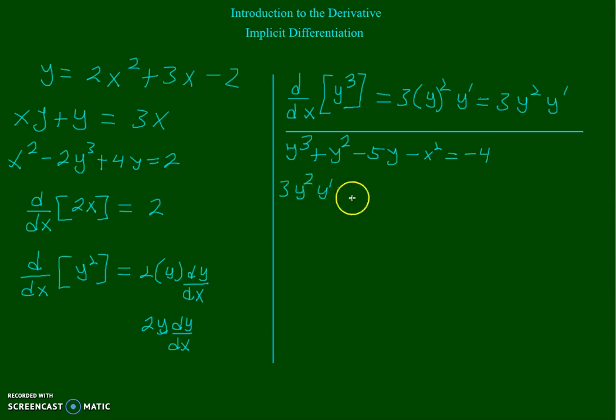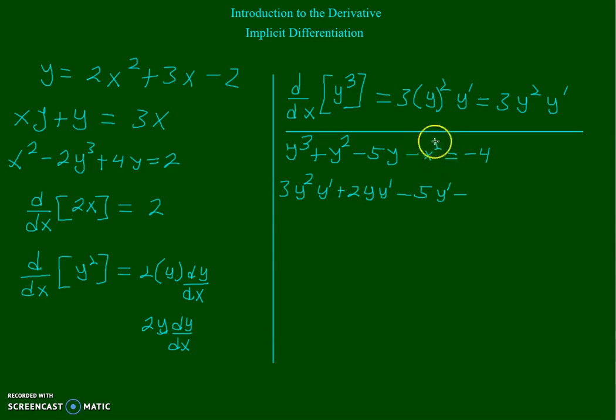I'm going to use Lagrange because in this case it'll be a little cleaner when we simplify our terms, plus 2y y prime minus 5, and the derivative of y is y prime.